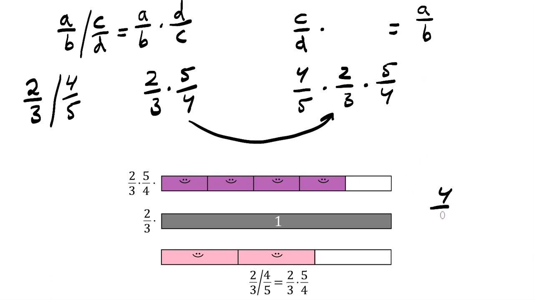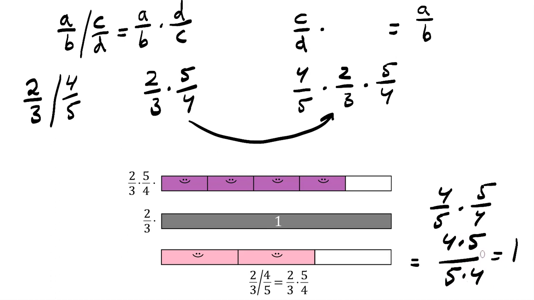Yeah, 4/5 multiplied by 5/4, we can of course write this using multiplication rules, this. And this must be 1. These two numbers up and down are equal. So this times this is 1, and this just becomes 2/3. And that was what we wanted to show.